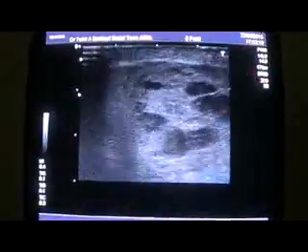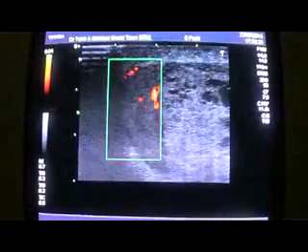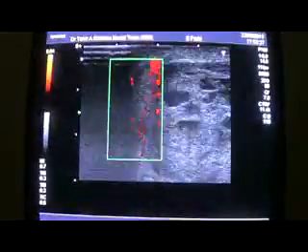Here it is, this is the epididymis on the right side, and it measures 2.1 into 7.7 millimeters, which is normal. I don't see any edema or any significant anomaly in this region. On power Doppler, it is well perfused.